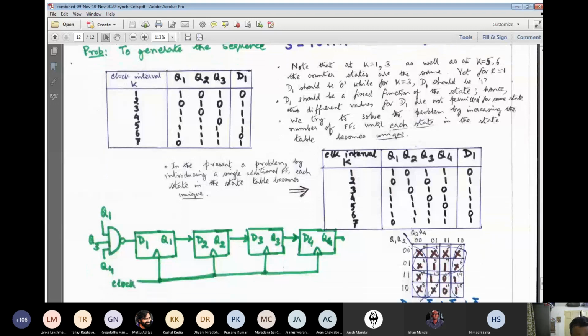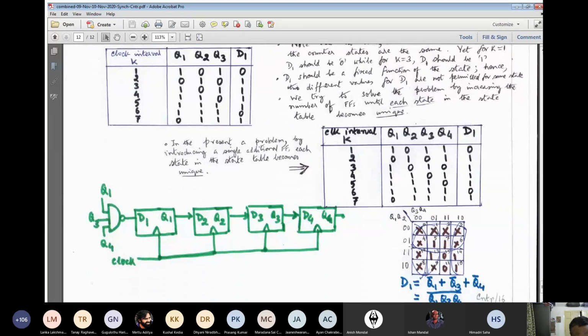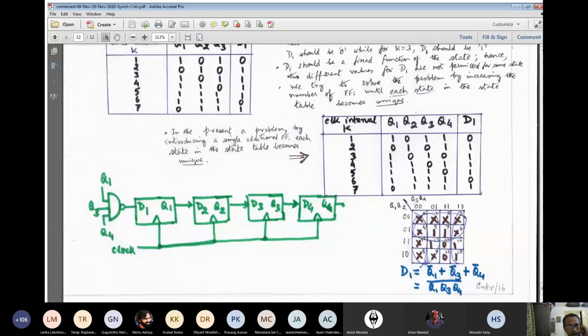We find that here I require a 3-input NAND gate. You can combine by making use of the 9 unused states. So many unused states are there: 1, 2, 3, 4, 5, this 4, this 3, then the don't cares. So 9 states are unused. It is a NAND combination, so a 3-input NAND gate will do.